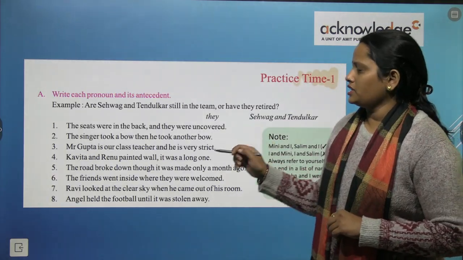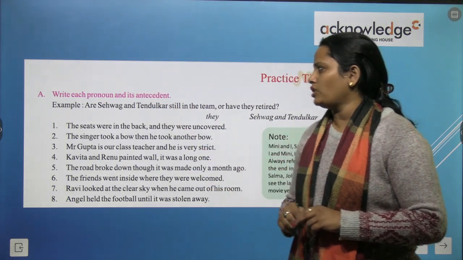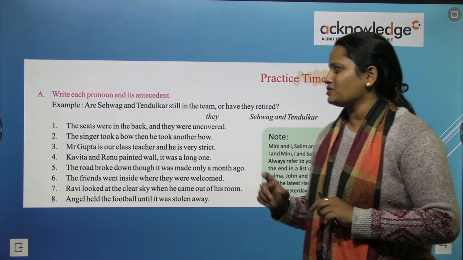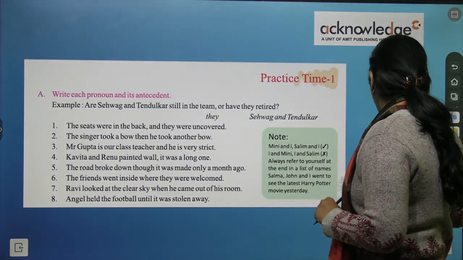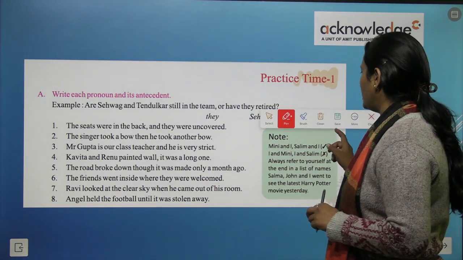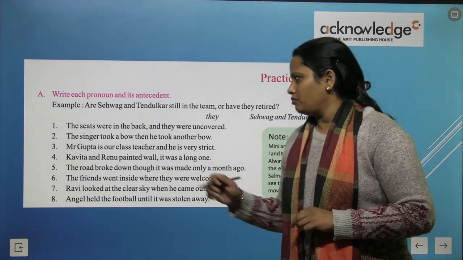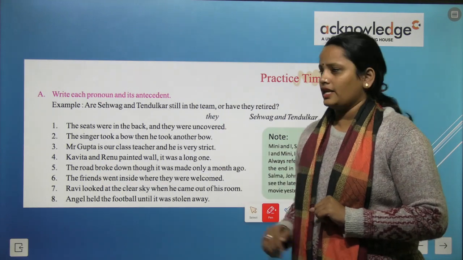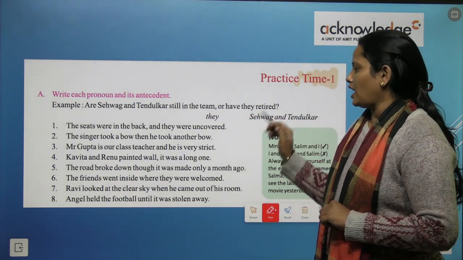Now in this exercise write each pronoun and its antecedent. So इस exercise में हमें pronoun को लिखना है और उनके antecedents को अलग करना है. For example, are Sehwag and Tendulkar still in the team or they have retired?